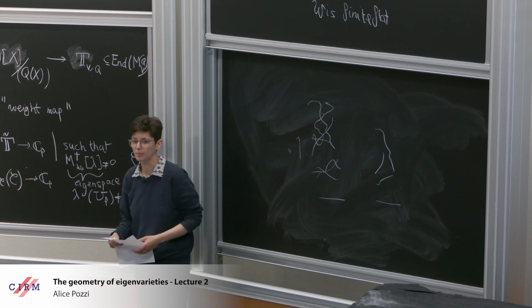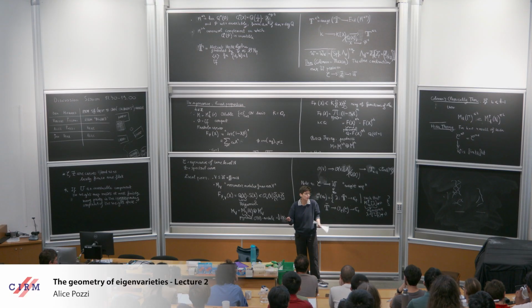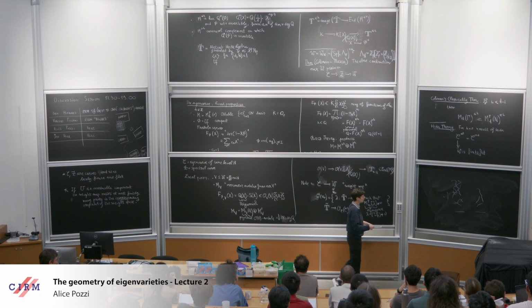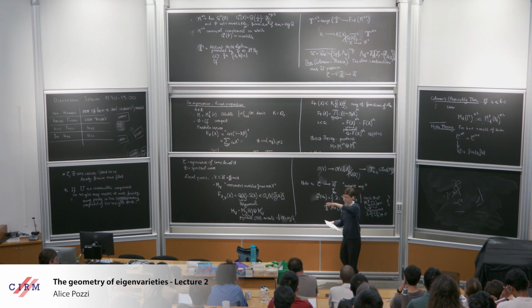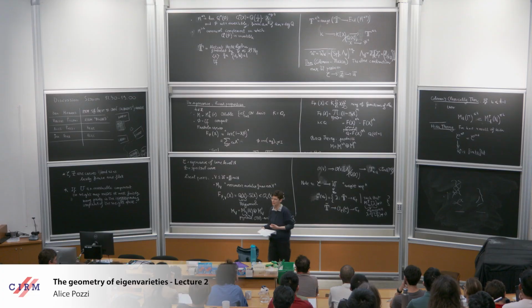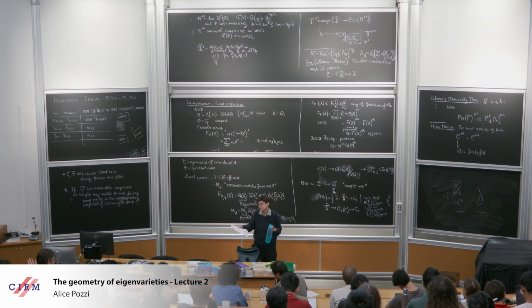And those functions might have some simultaneous zeros. If those are simultaneous zeros, it means that the Fredholm series at a point is just 1, which means that at that point, for the piece that I had written down, I am not getting any finite slope eigenforms. That's okay.